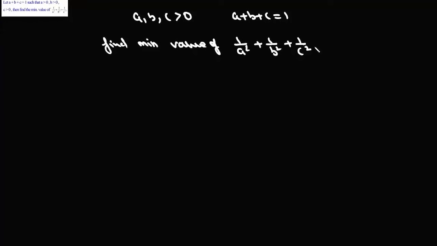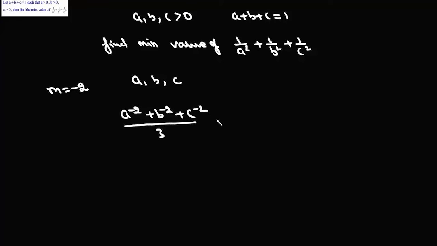Now here what we'll do is we'll use the mth power AM for a, b, c considering m as minus 2. Now we know that (a^-2 + b^-2 + c^-2)/3 will be greater than or equal to ((a + b + c)/3) whole to the power minus 2.